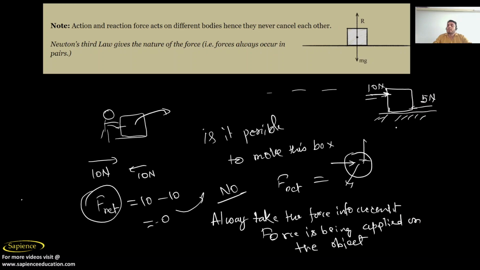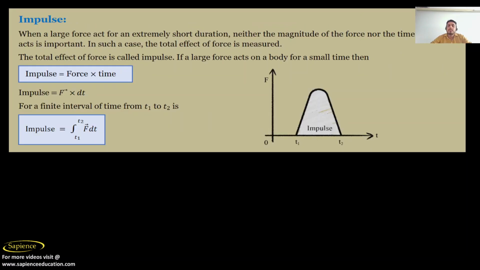So what is the net force? Net force will be 10 minus 5, so this will be 5 Newton only. By the help of this 5 Newton, this object will move. Understood? I hope you all will not make this mistake again and again. We only account for the force which is acting on the object, and in this way we will be able to solve each and every problem. I hope you all have understood this.